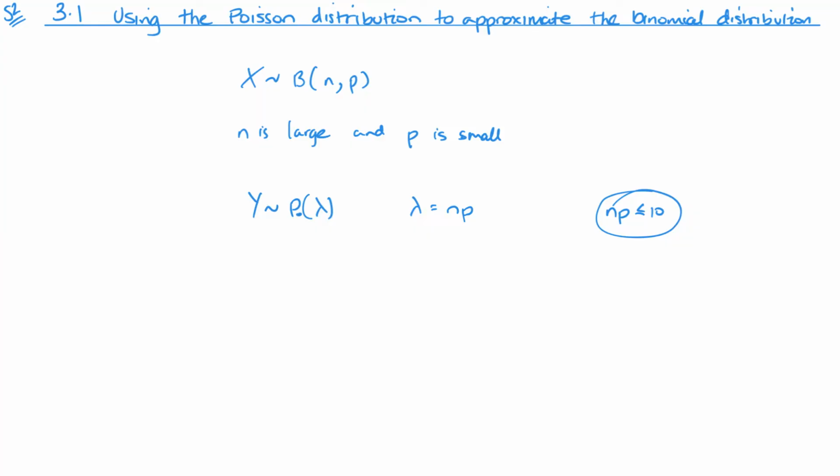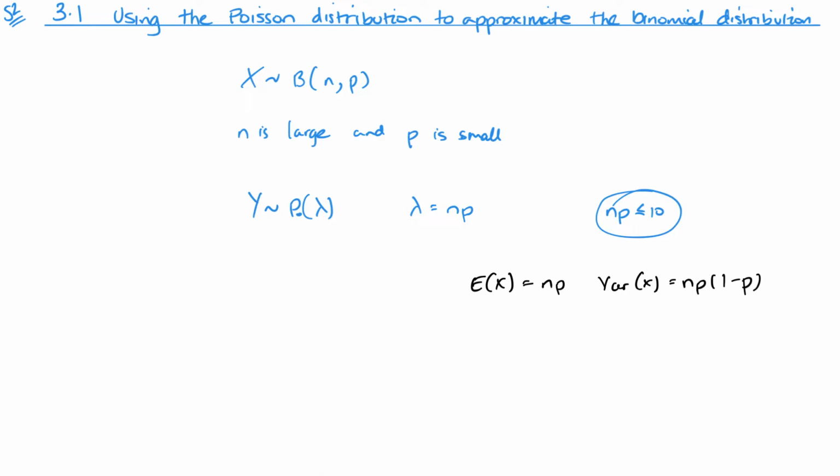Now let's just talk about why this works. Well, it's quite simple really. The E of X is np for a binomial, and the variance of X is np(1 minus p).